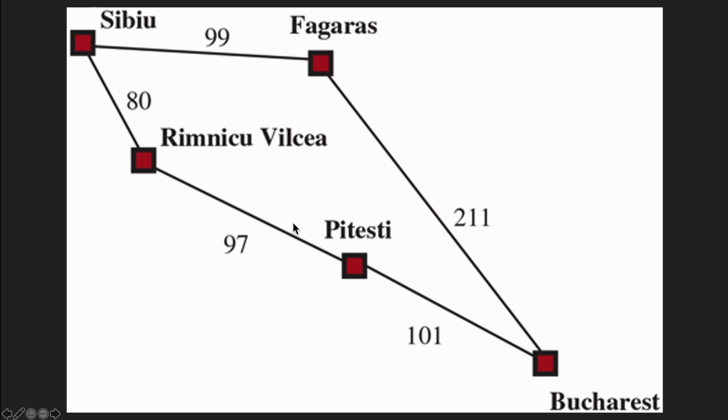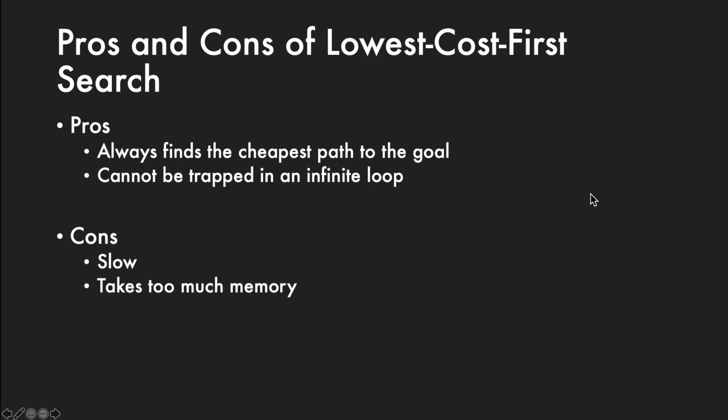And so we had this second path going here, but it didn't end up working out. So the solution that we found is this path to Bucharest, and it is the cheapest path.